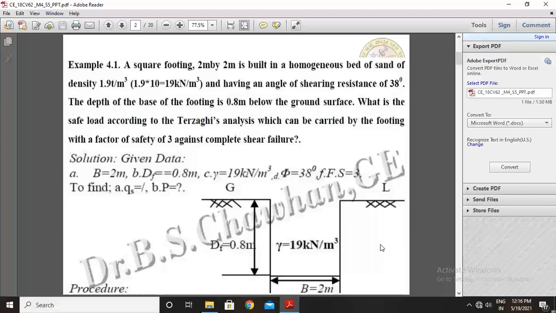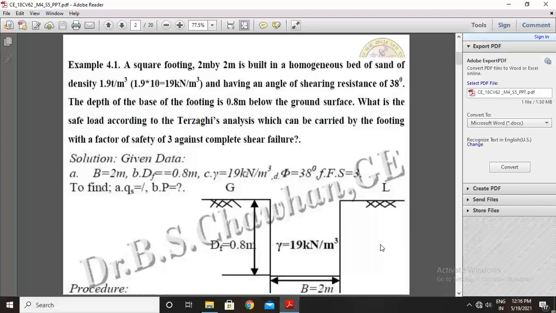What is the safe load, according to the Terzaghi analysis, which can be carried by the footing with a factor of safety of 3 against complete shear failure? This is the problem. Okay, let us follow the same steps.